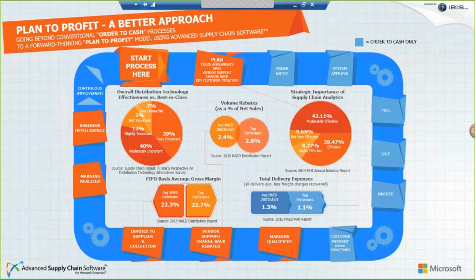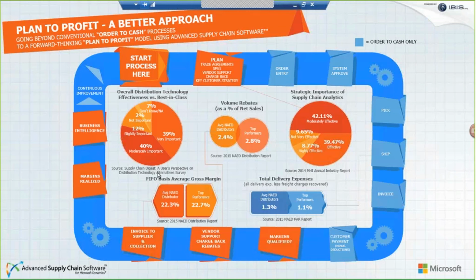Are there any special pricing agreements in place? What does the chargeback situation look like? And then obviously it follows the path of order entry, approval, shipping, invoicing, and customer payments. But on the back side of it, we also realize actual margins, vendor chargebacks, rebates, and a bunch of other functionality. So it's really from beginning to end, we've expanded on this to just really have better analysis and better insight into the business and how we're operating.